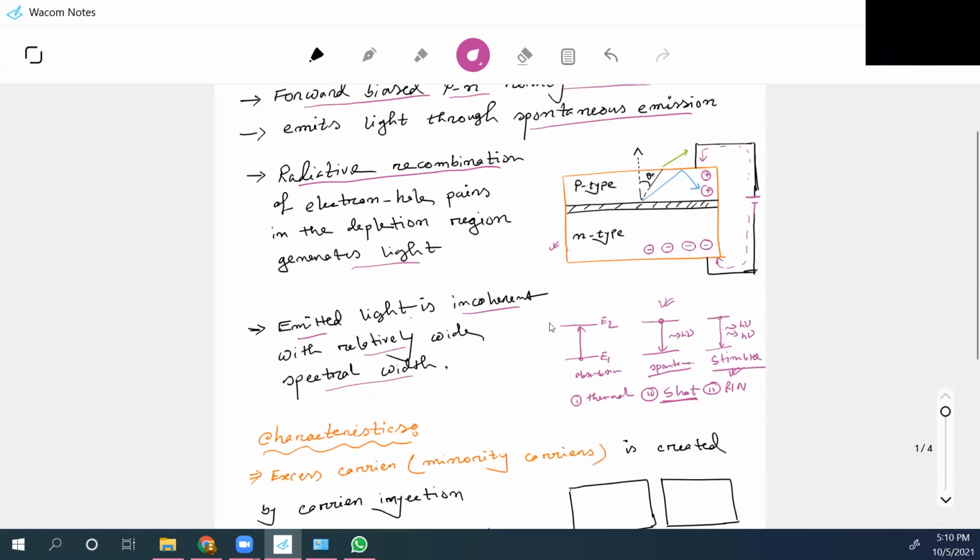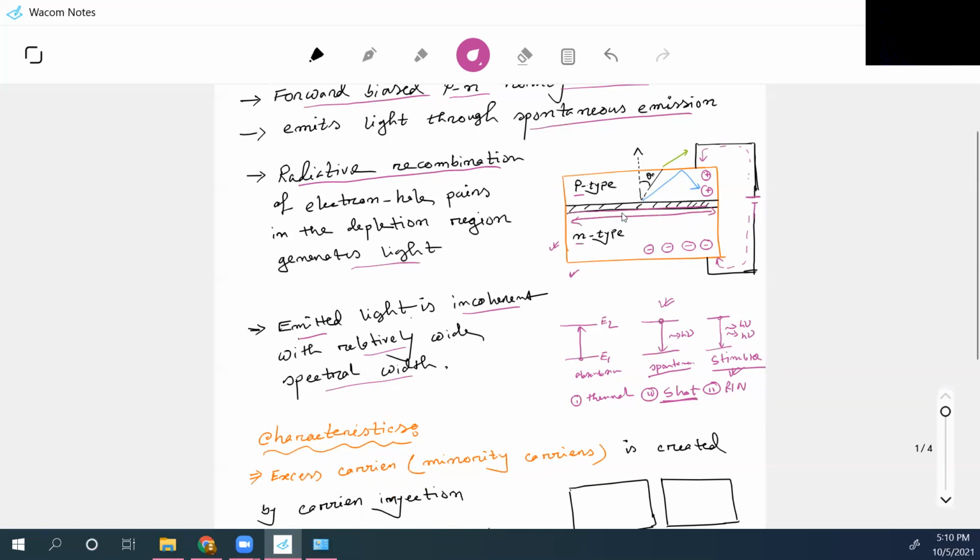From this schematic diagram, we have the P and N-type material, and at their contacting point, light is emitted. And this has a very wide surface area.